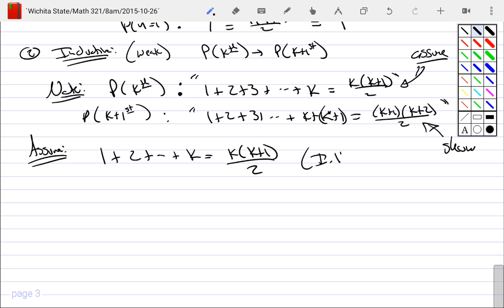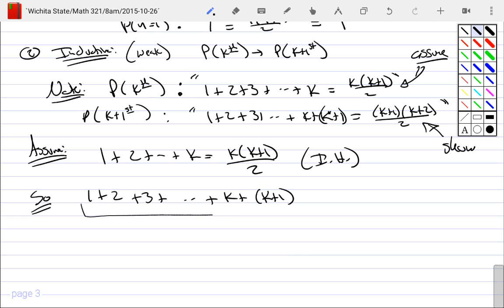So, what is 1 plus 2 plus 3 plus everything up to k plus 1? Well, this stuff here, I already have an equality for that, right? I'll replace it with its equal, which is simply k times k plus 1 over 2, and I still have my k plus 1.